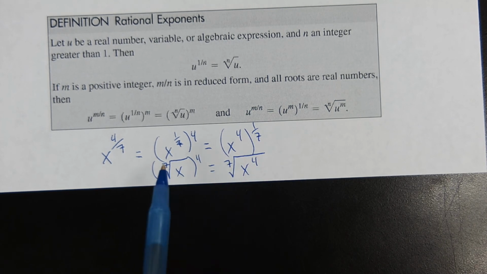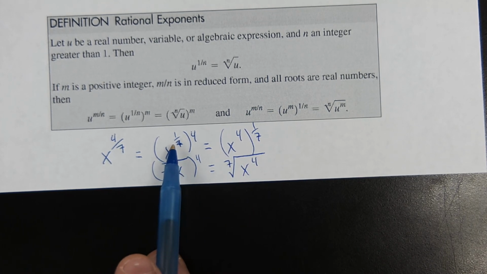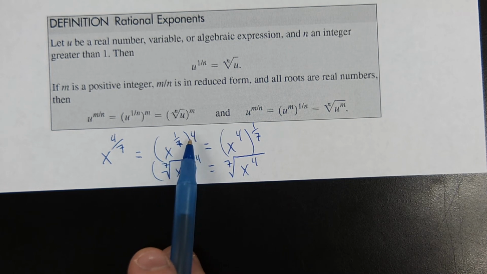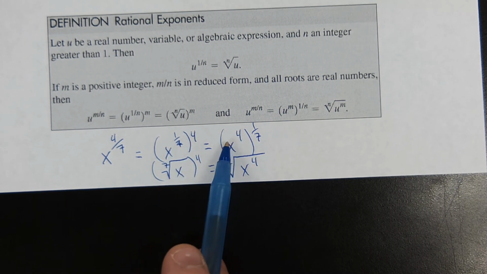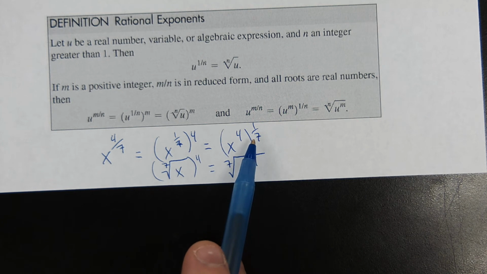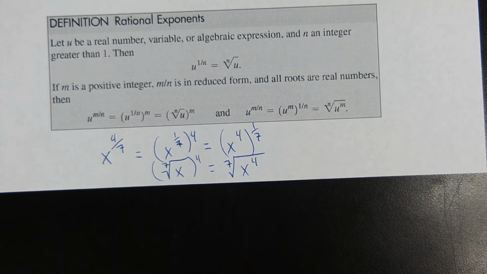And I need you to be able to say that you could either have 1 over denominator raised to numerator, or x to the numerator raised to the 1 over denominator. I just need you to be able to split your fractions apart like that. All 4 of those are the exact same thing. They're all x to the 4/7. But that's what that table there is telling us. I think it's easier to see with numbers.